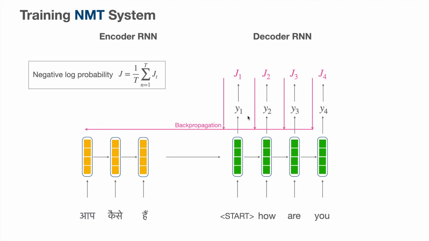After producing the first output and calculating the first error, we use that to update the weights, and then we feed the actual word to the next hidden state. We don't feed the same output here to the next hidden state, and we continue this process, and again we calculate the error for the second word, and then we backpropagate till the beginning, and we continue this process for all the words, and then we stop at the last word.